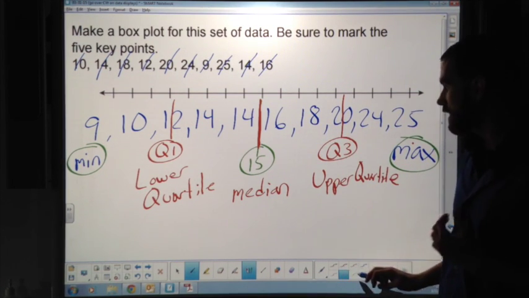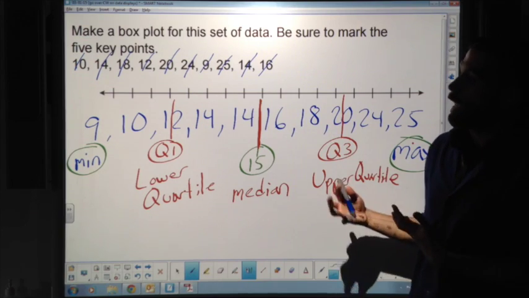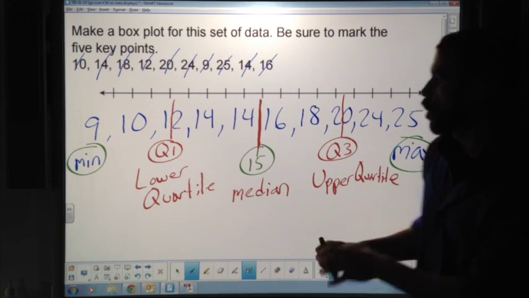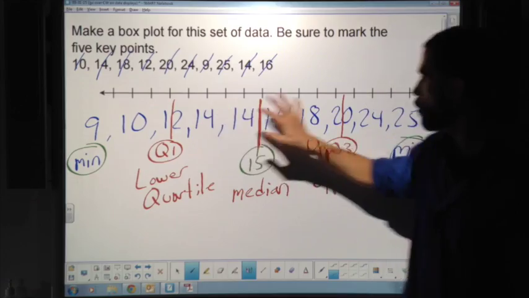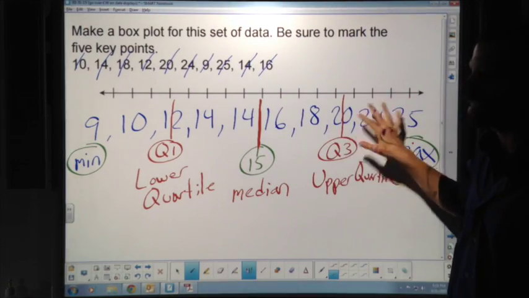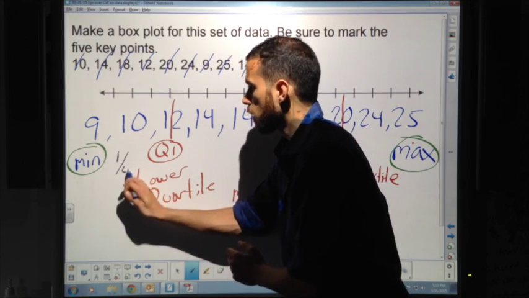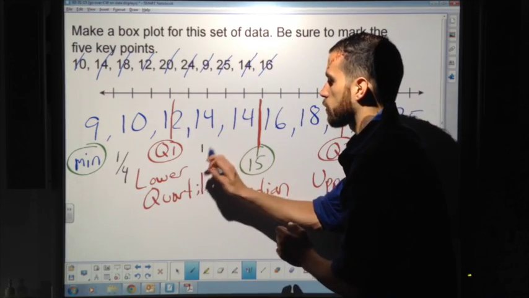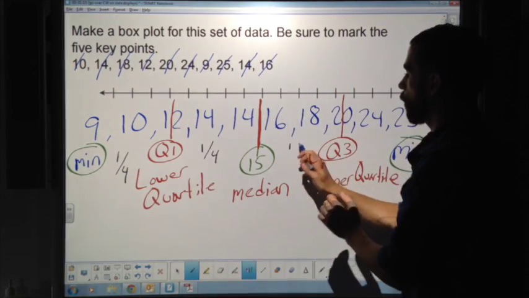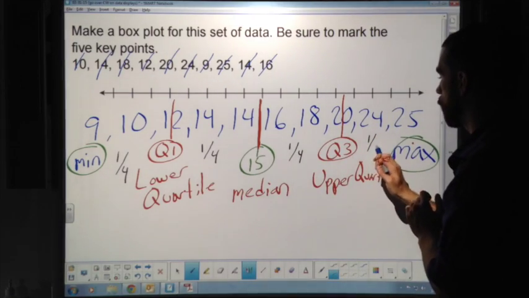Again, this data is being split into fourths. Notice how we have 1, 2, 3, 4 gaps in our data. The first fourth of the data is right here. The second fourth is right here. The third fourth, and then the last fourth.